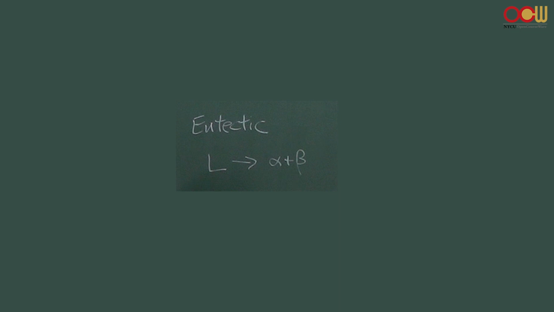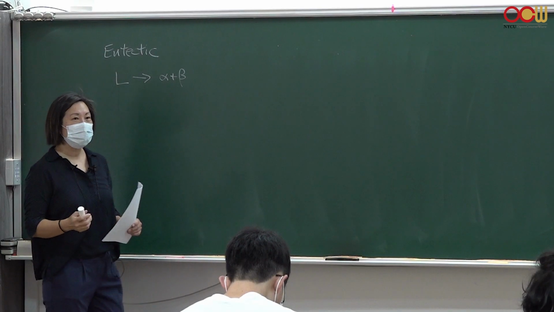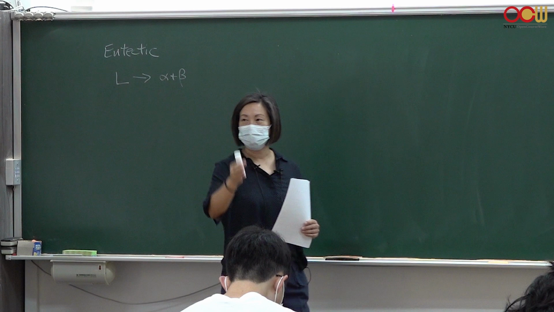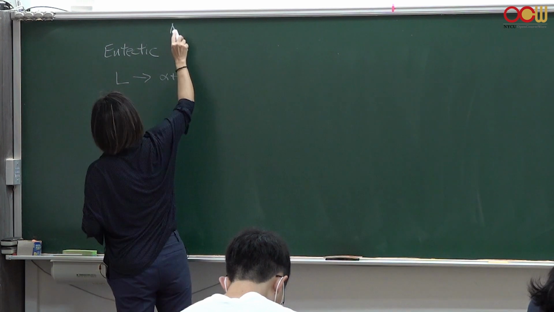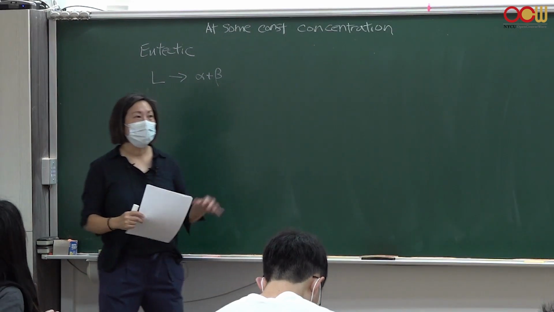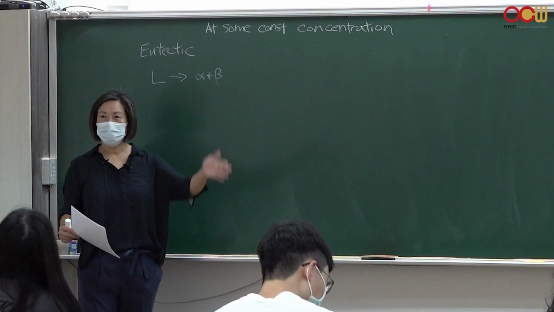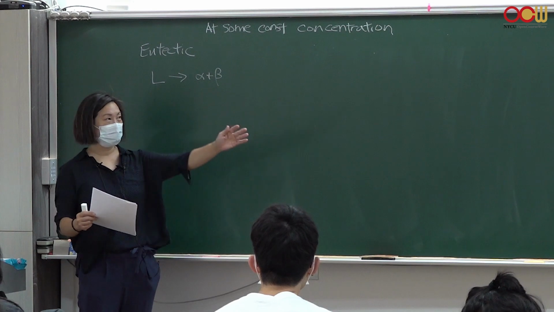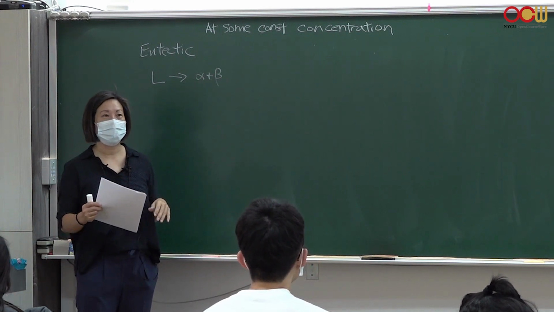So eutectic, anyone remember what eutectic transformation means? But eutectic is at one concentration. So at some constant concentration. So the points we're going to talk about here are along some constant concentration on the phase diagram, so a vertical line on the phase diagram.